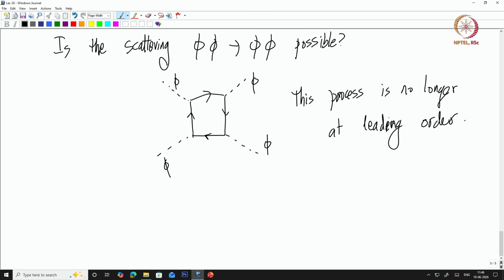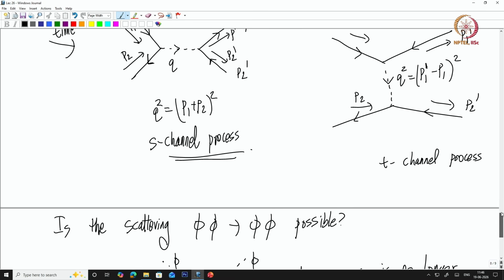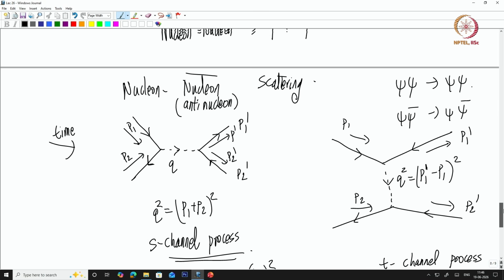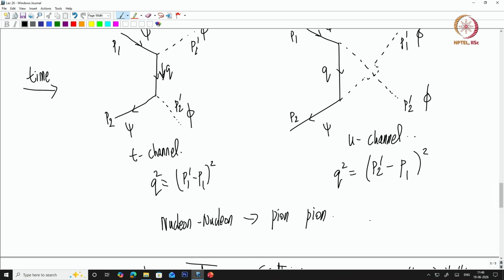Why do you say that? Because at what order in coupling constant is this? In the earlier amplitudes, all these amplitudes are at order y squared. This amplitude is also at y squared times something.